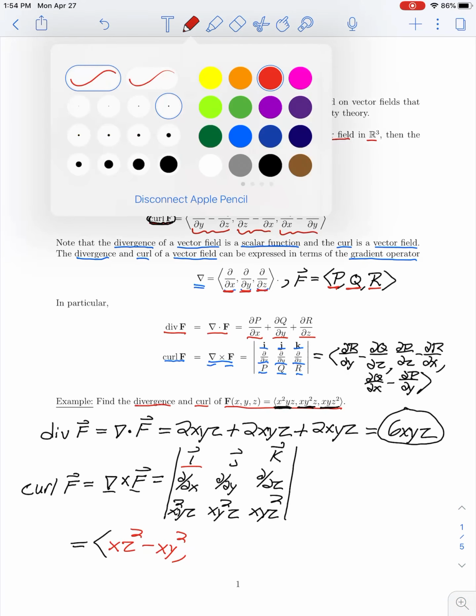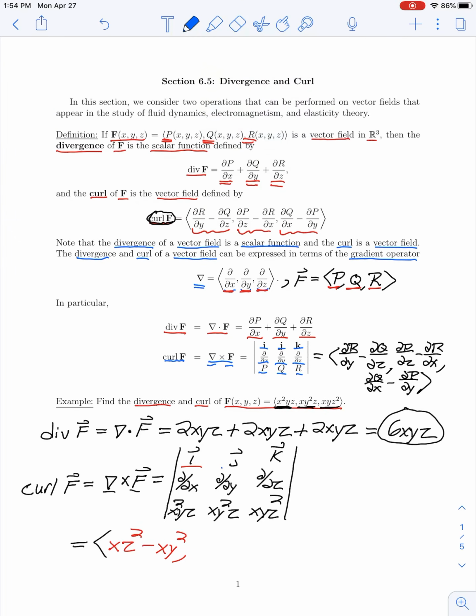Now to find our second component for this curl, that is the j component, we take the determinant of the 2x2 submatrix we get by deleting the jth row and column. So here we would have x squared y minus yz squared.